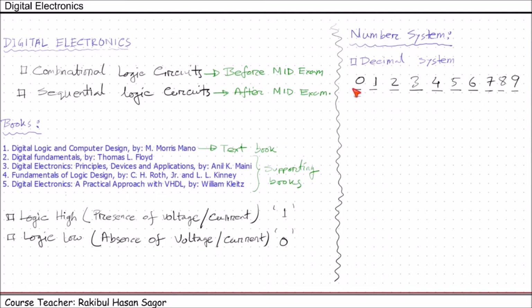Well, these symbols are different for different languages. For example, in Bangla, this one is represented by ek. This is 2, 3, 4, 5, 6, 7, 8, 9. So in Bangla, we have the same number of symbols, but they look different than English.